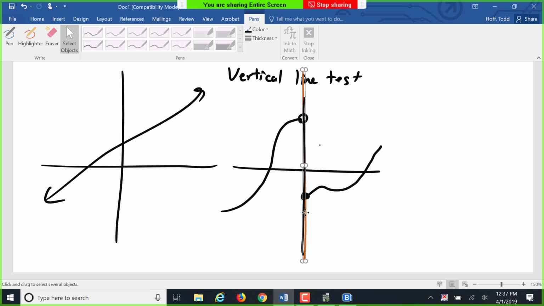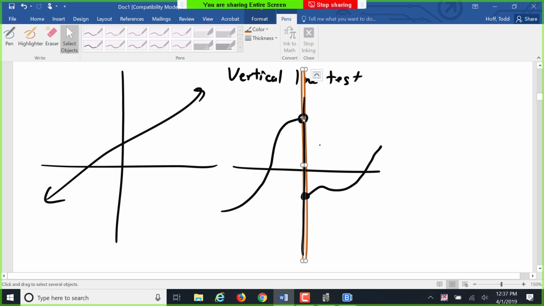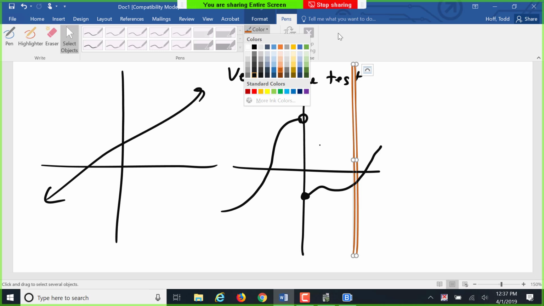When we get to here, that open dot at the end means that is not included in this portion of the function. The closed dot down here tells us that that is included in that portion. So as we slide across, that brown vertical line never crosses the function more than once at any given point. So yes, that is a function.